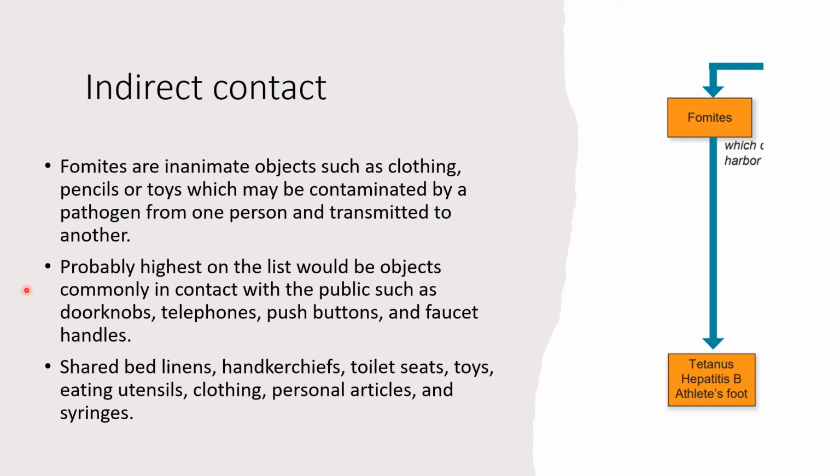Even shared bed linen, bed sheets or bedspreads or pillow covers, or by sharing handkerchiefs or sometimes toilet seats, toys, eating utensils, clothing. When you share personal clothing, or syringes also, sometimes drug addicts tend to share syringes. So when the disease gets transmitted through all these inanimate objects, that is indirect contact.